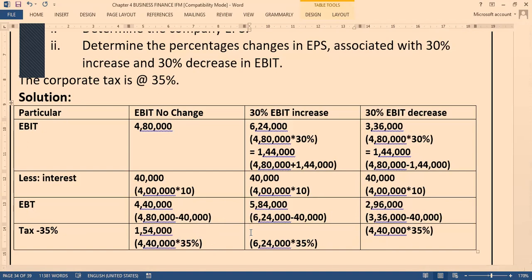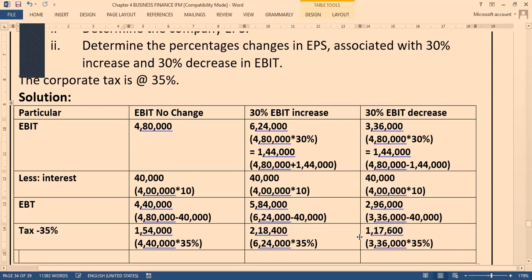You will be getting approximately 2,18,400. And here this also changes: 3,36,000 into 35%, that means 1,17,600.